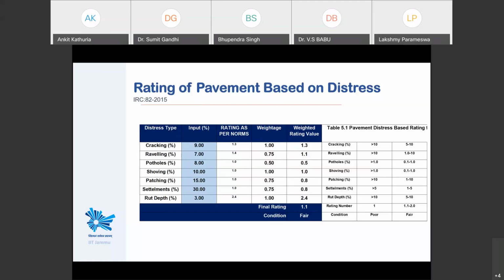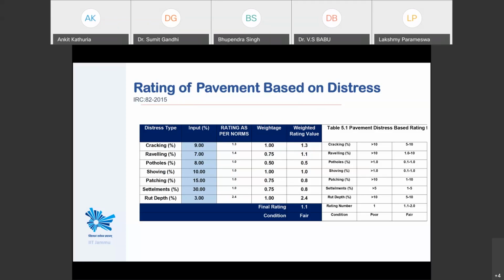A certain weightage is assigned and is shown in the fourth column here, a weightage with respect to the distress type. The source of these weightages is IRC 82, and based on the weightage and the input values fed, you will calculate the final weighted rating value.